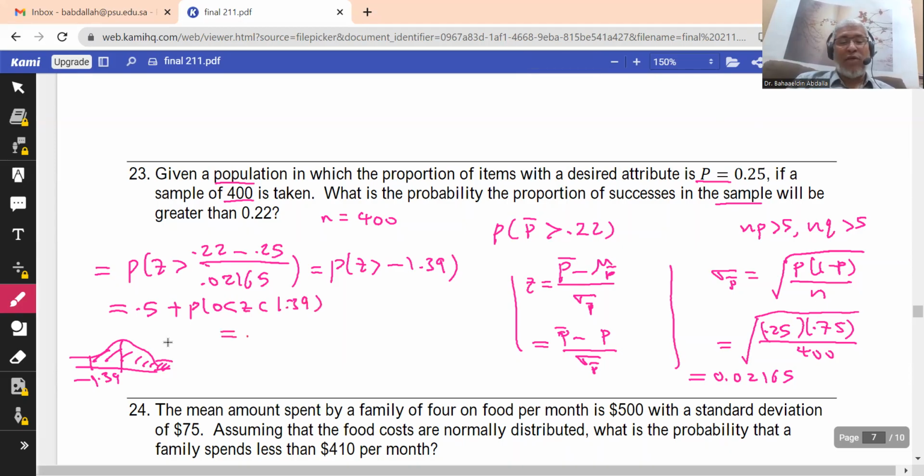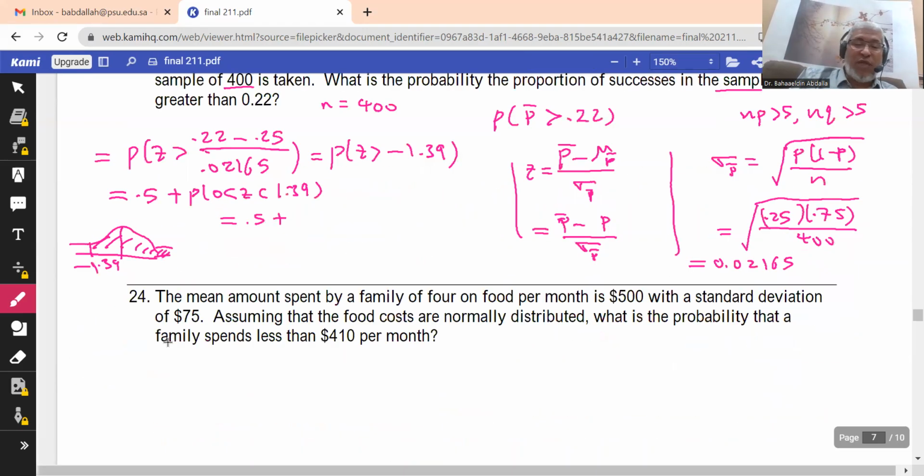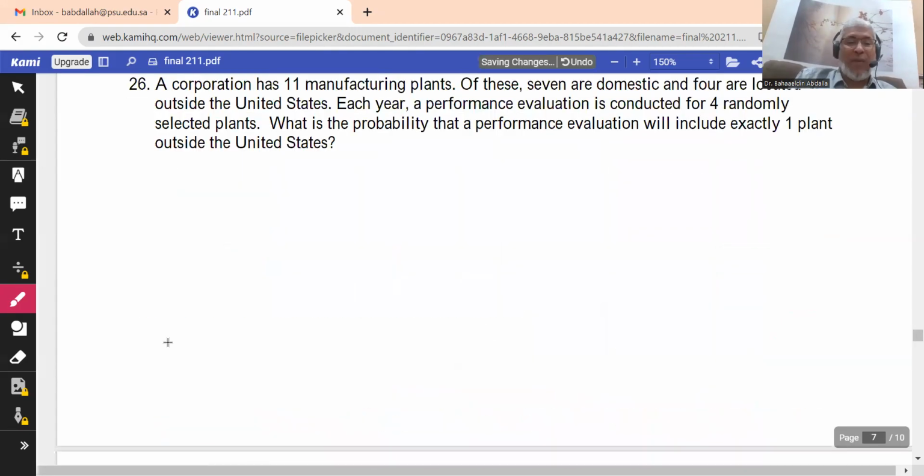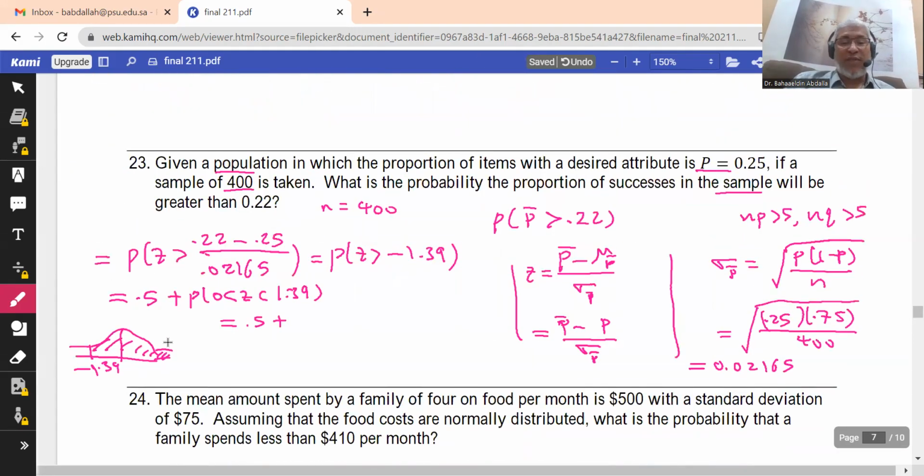So it's 0.5 plus, if you go to the table and search for 1.39, I have 0.4177. The answer would be 0.9177. So this is the probability.